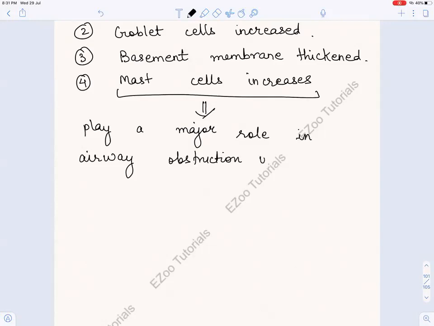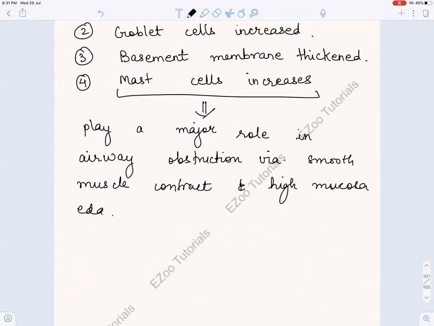And how? Via smooth muscle contraction, high mucus secretion, and high mucosal edema.